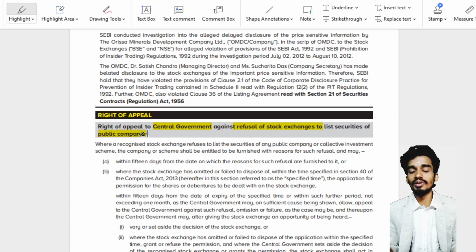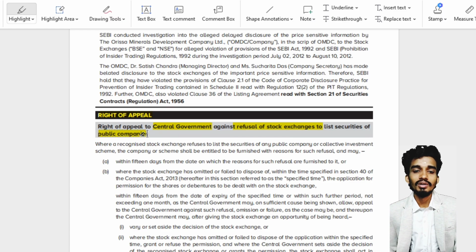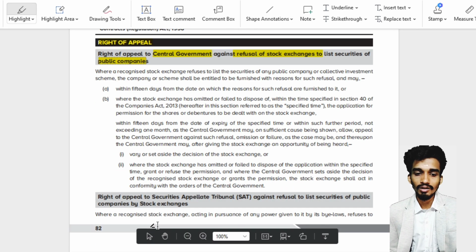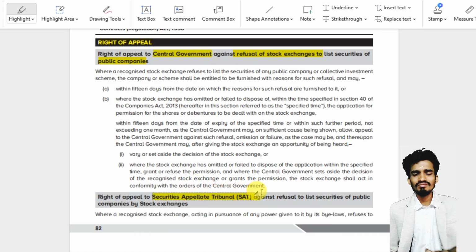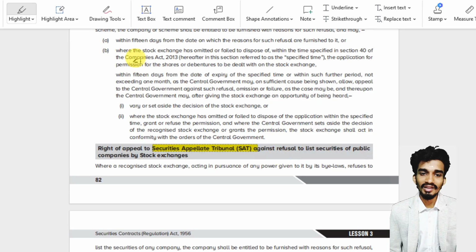I have two options: either I can go to the central government, or I can go to SAT. The same points are being replicated. So within 15 days.